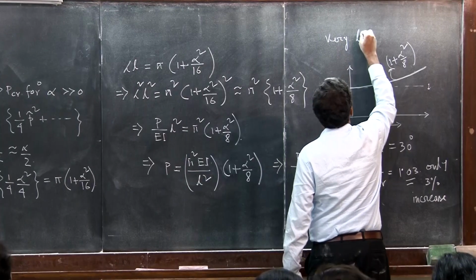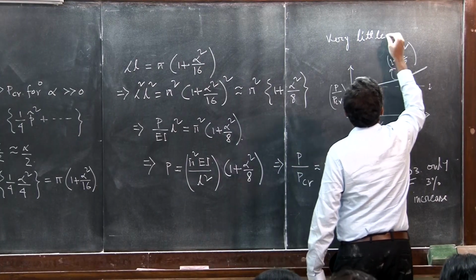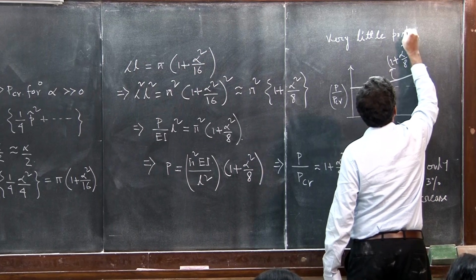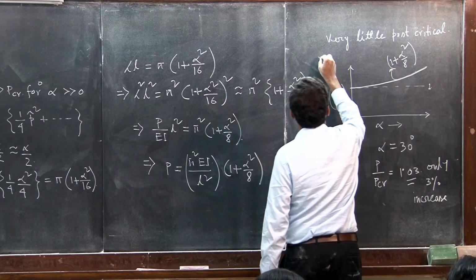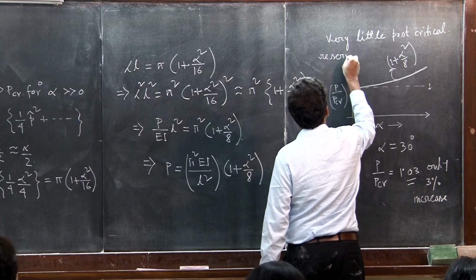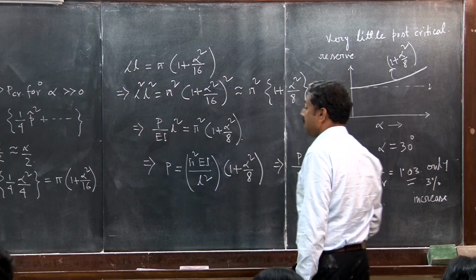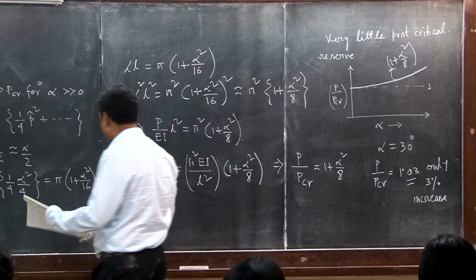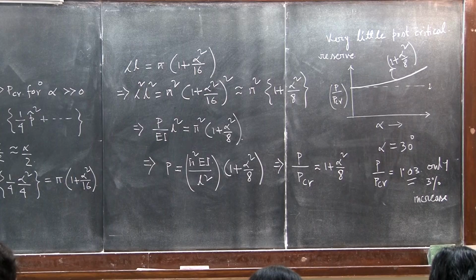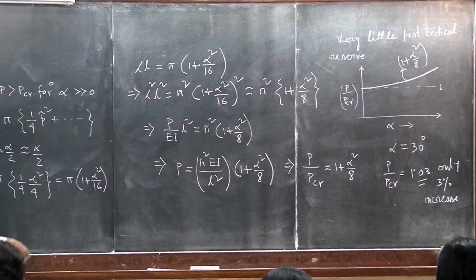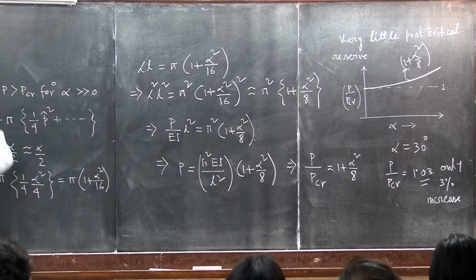Very little post critical reserve, say only 3%. So to understand the post critical behavior, the column does not show much post critical reserve. What is the takeaway from this?